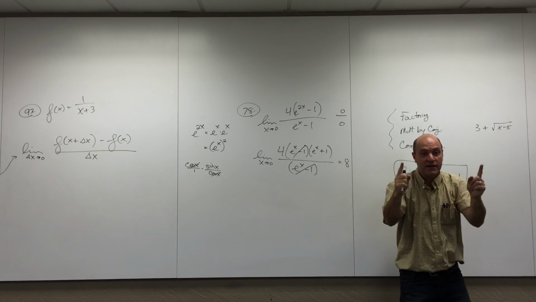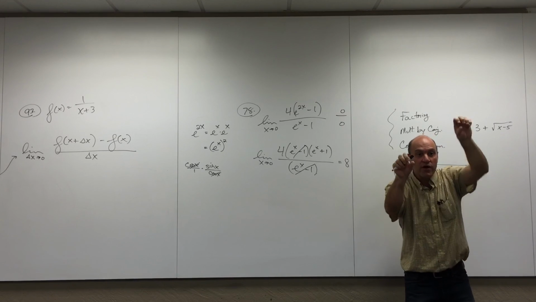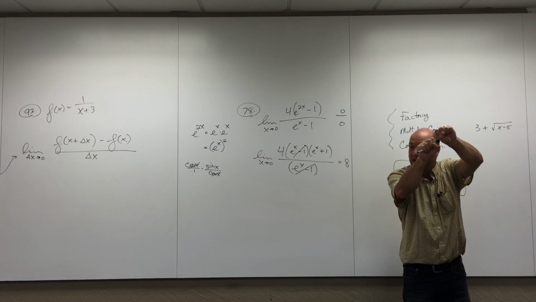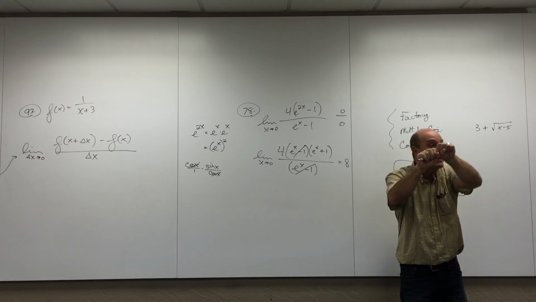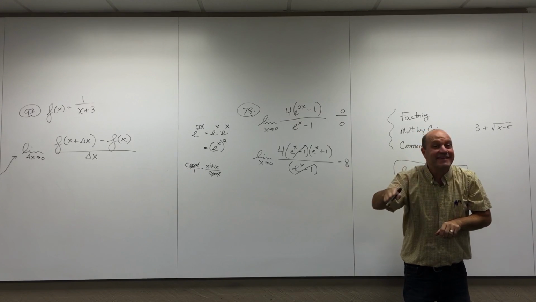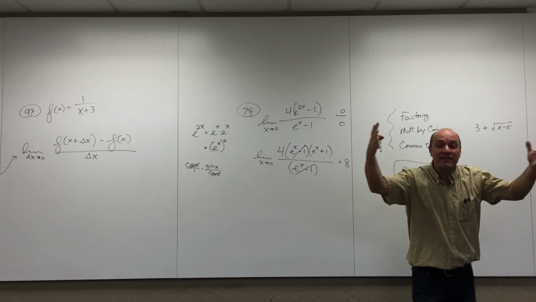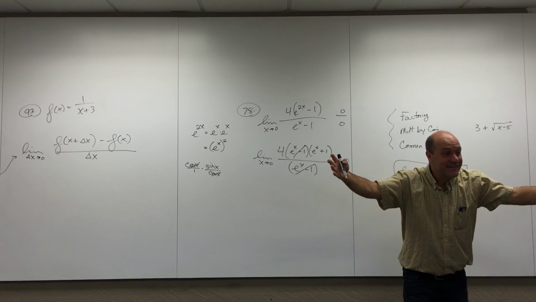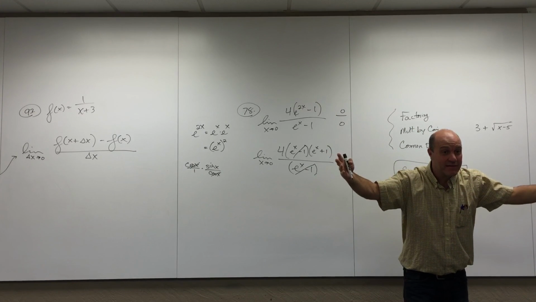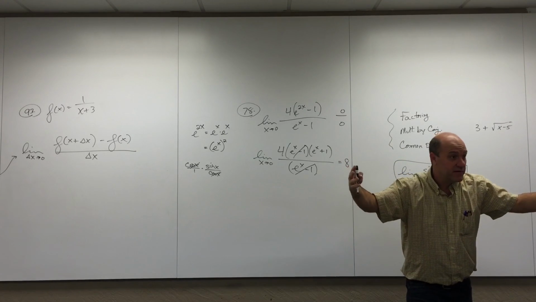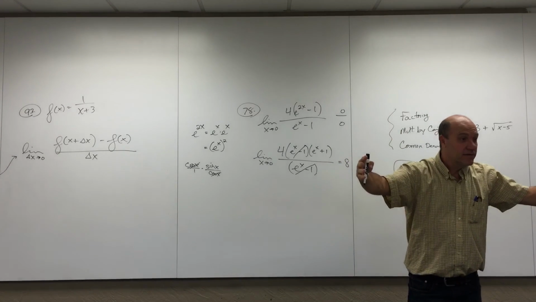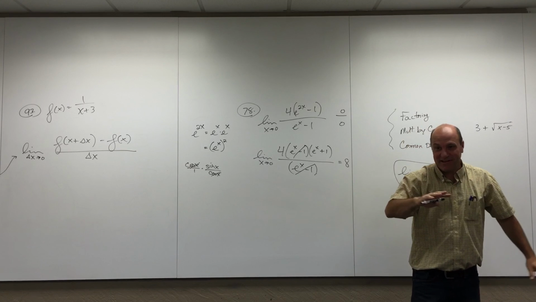Are you listening? The change in x is going to 0. Those 2 points are getting closer and closer together when you do this limit. And you end up really getting the slope at 1 point, or the slope of a tangent line. That was quick, but that was 3.1. That's called the derivative. That's half of calculus. But anyway, I'm not really there yet.